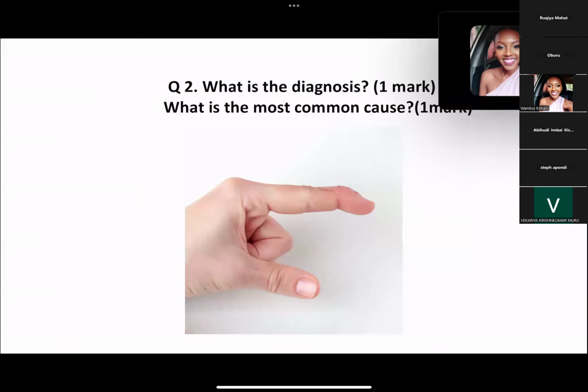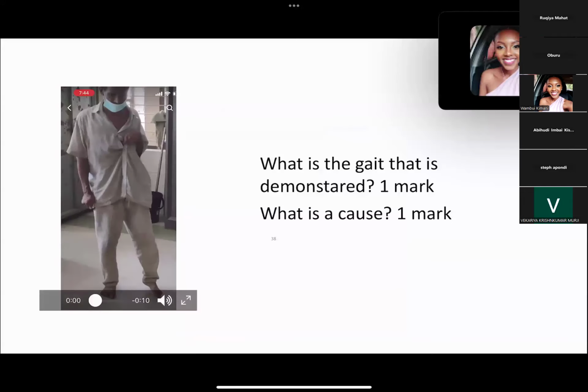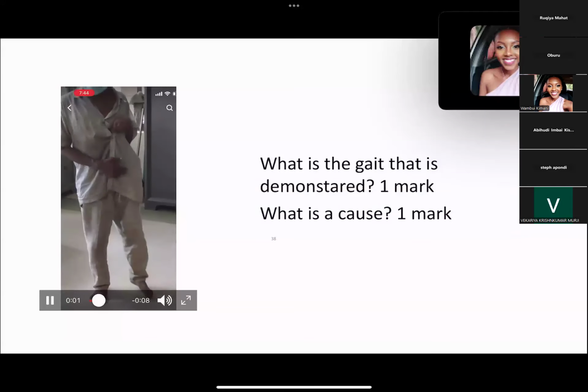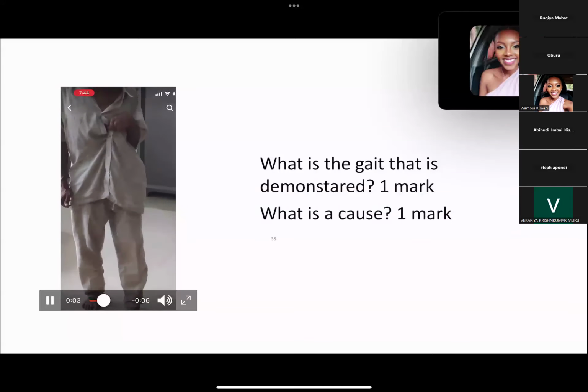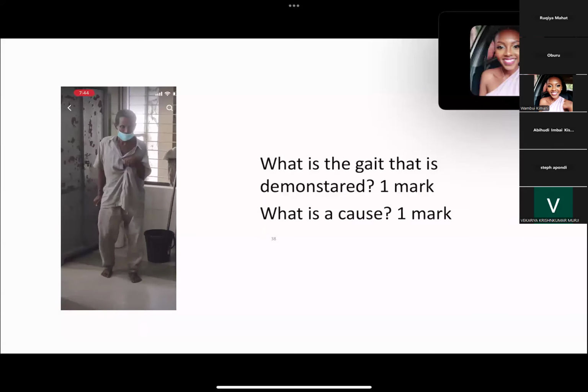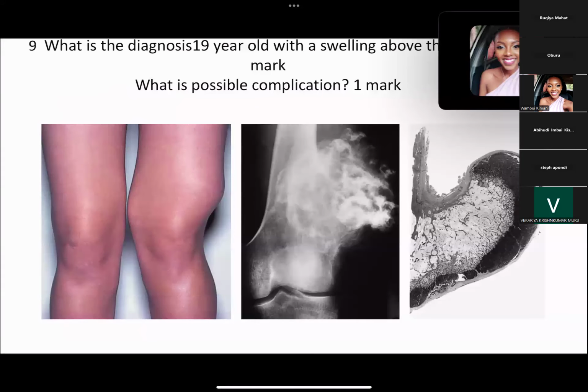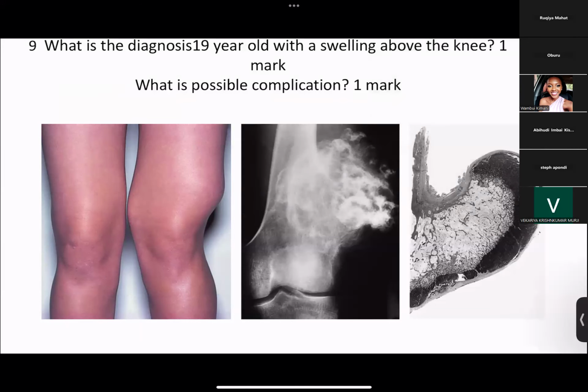And see that? That's circumduction. Okay? Caused by a stroke. Then this one I brought last year. Okay? I don't know, somebody could try this here. What's the diagnosis here?